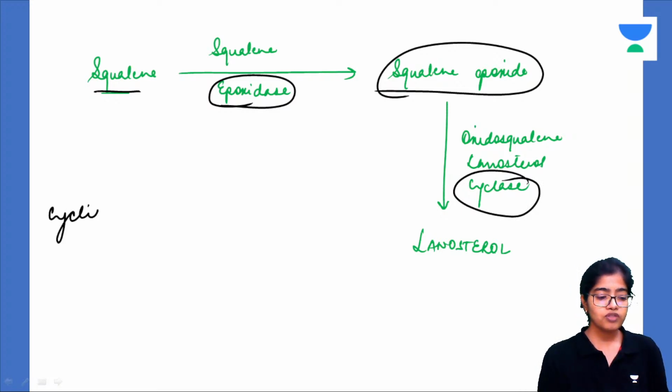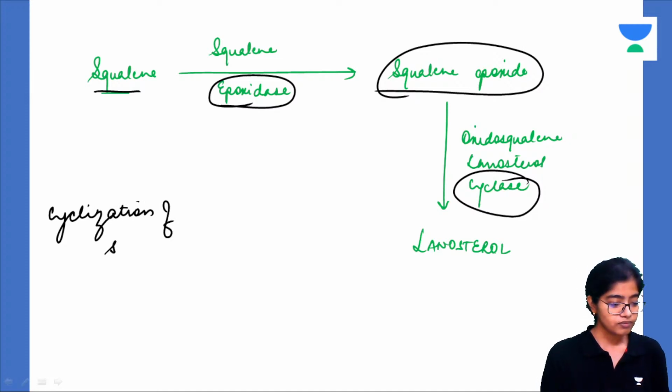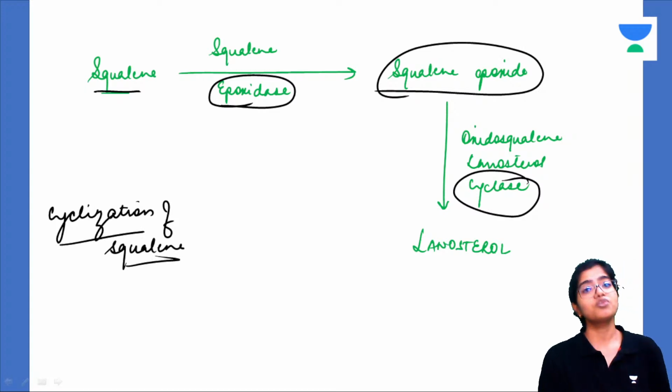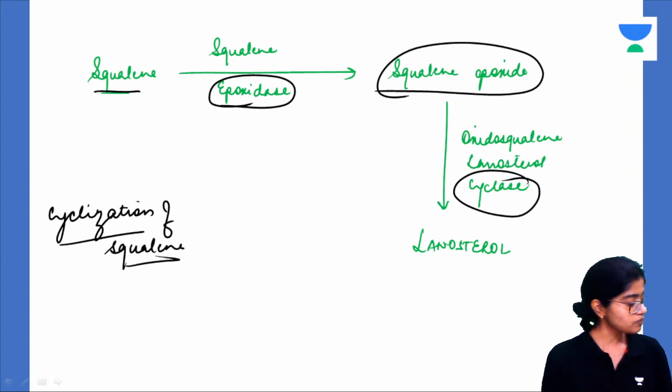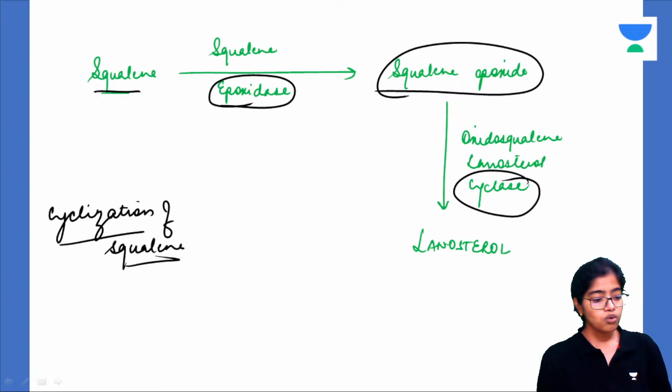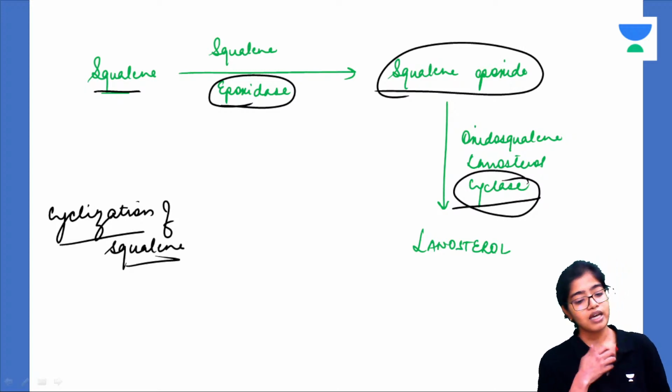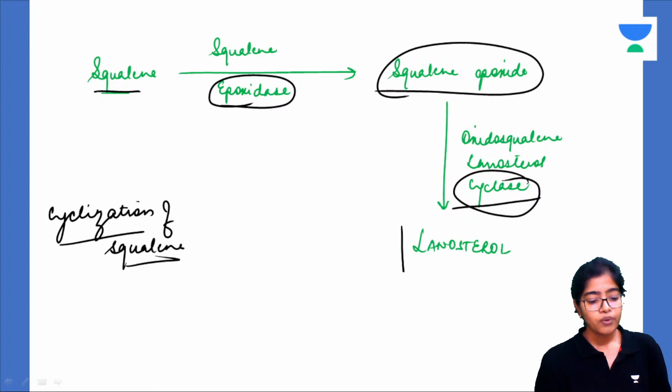Cyclization of squalene. This cyclization of squalene is brought about by the cyclase enzyme, and this cyclase enzyme will form lanosterol.